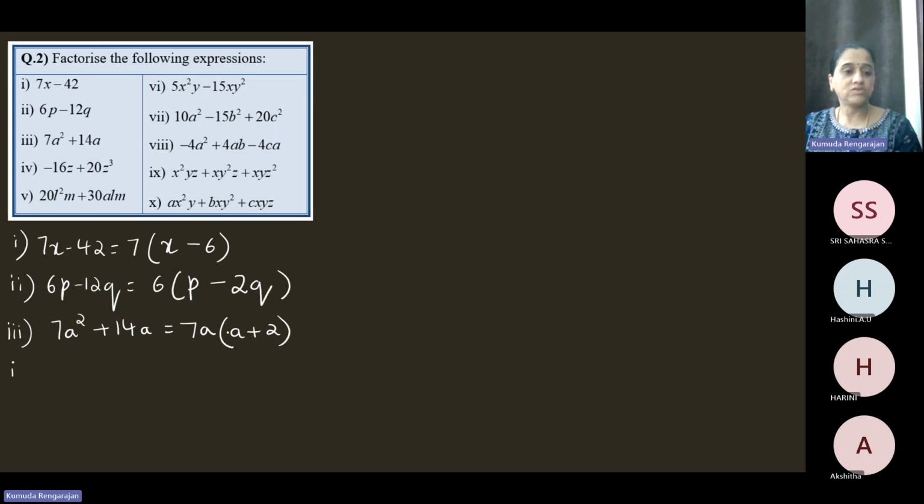Very good. Shrikant? Minus 16z plus 20z cubed. The first term has a minus sign, so take the minus sign. What's the HCF of 16 and 20? No, 2 is a common factor, but that's not the highest common factor.